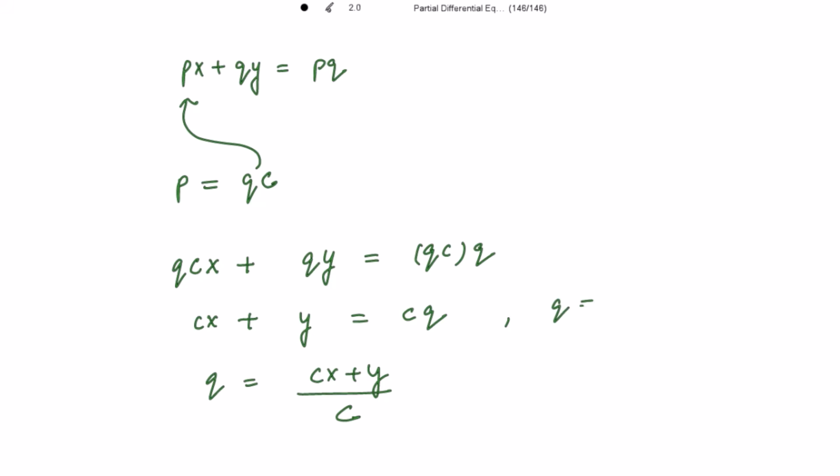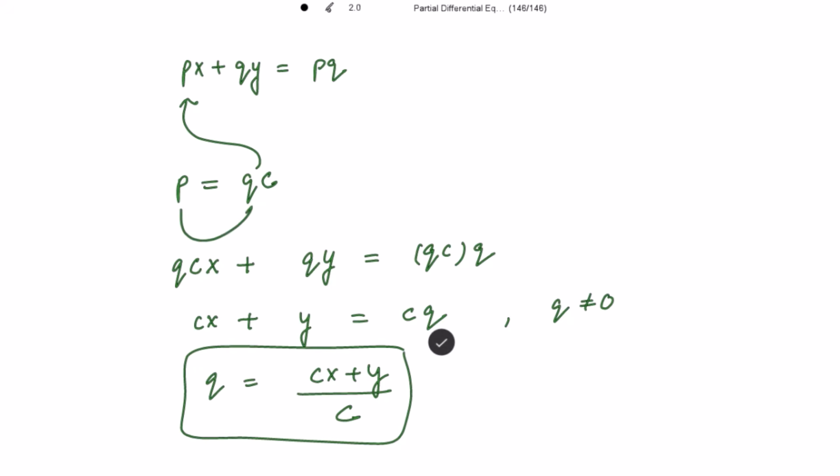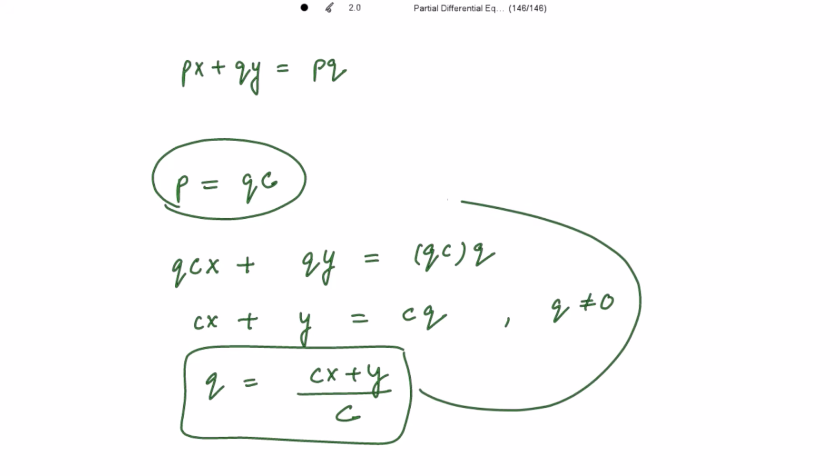Here q is non-zero we have taken. So we have got the value of q in terms of x, y. Also I need to get the value of p in terms of x, y. So let's put this value of q in this. So p is equal to q into c.